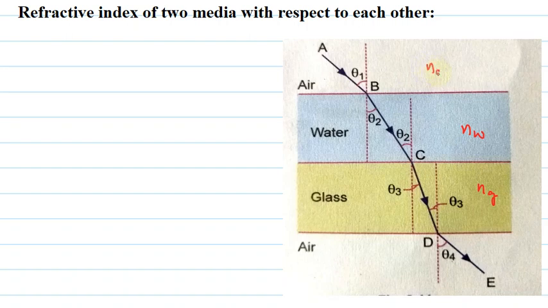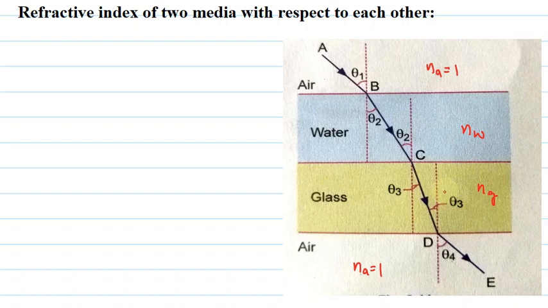Here we have air where refractive index of air is 1, and here also we have air, refractive index of air is 1. Let A, B, C, D, E be the path of ray of light passing successively through air, water, glass and air.